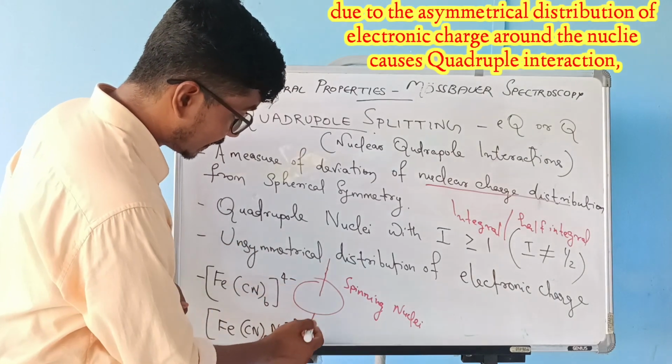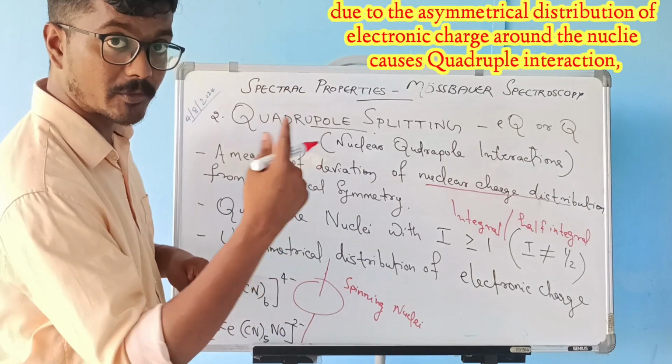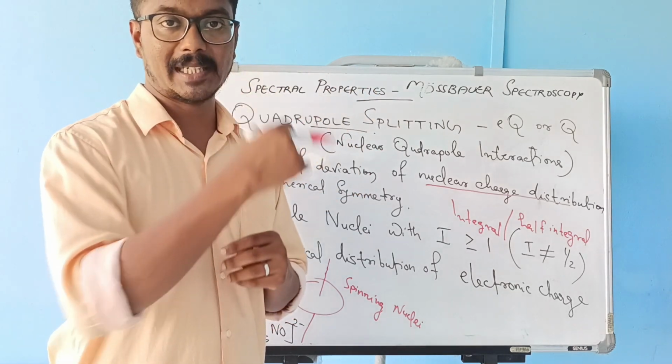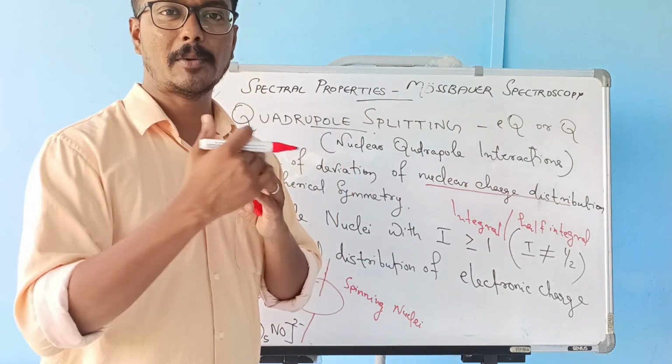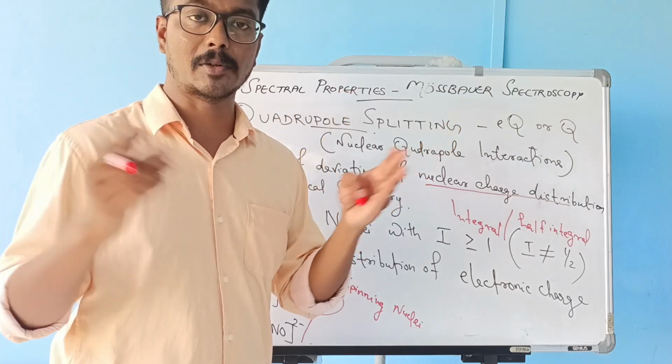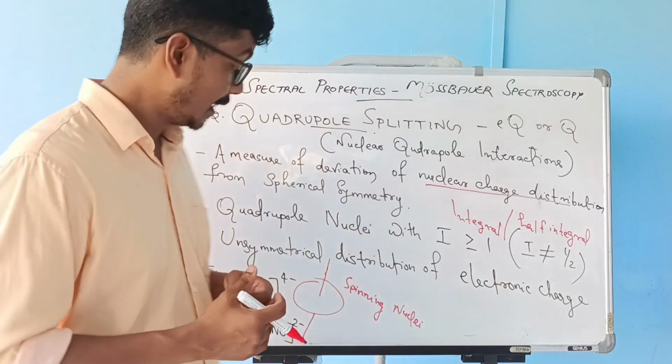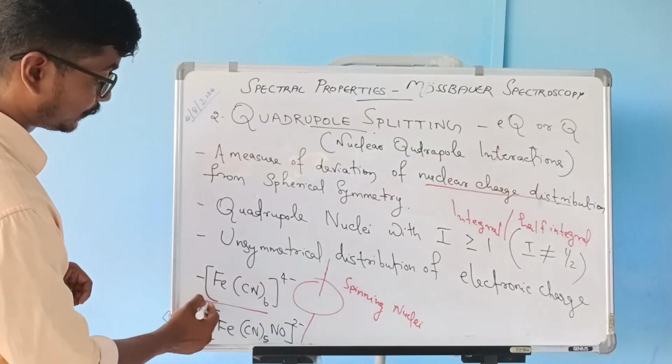If this is the spin of a nucleus, the nuclear charge is distributed in a spherical manner. If the external or inner electrons are distributed around the nucleus in an unsymmetrical manner, let us consider an example.